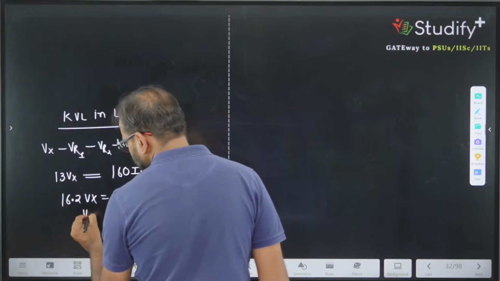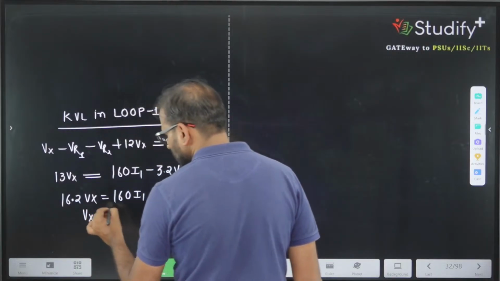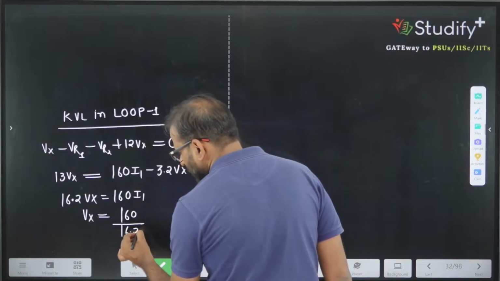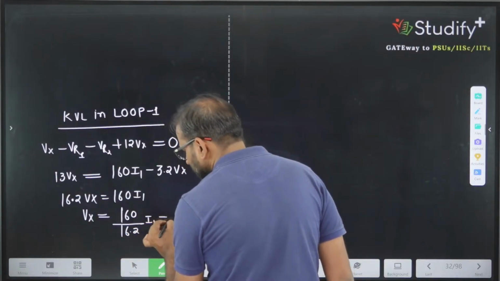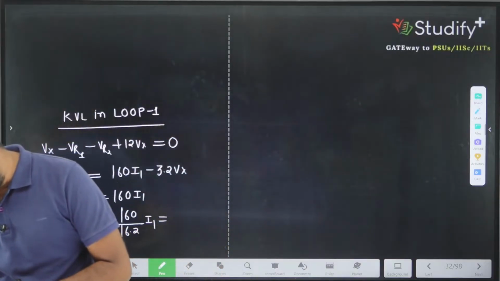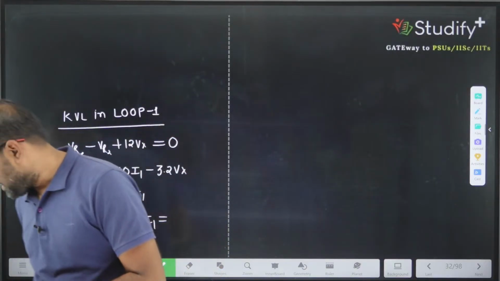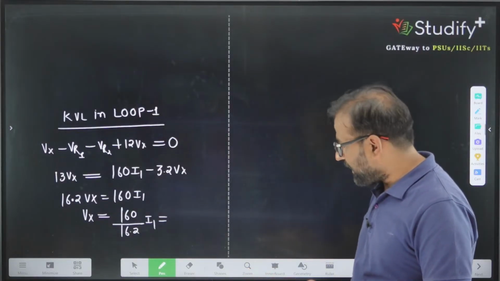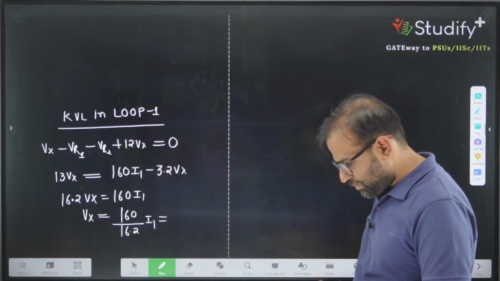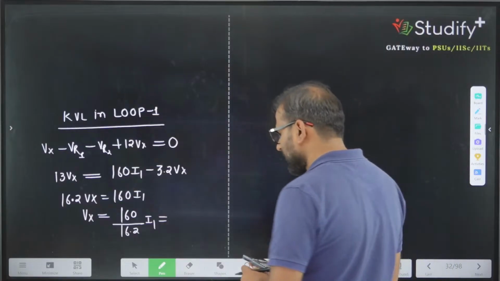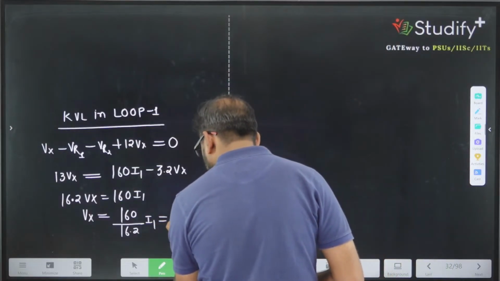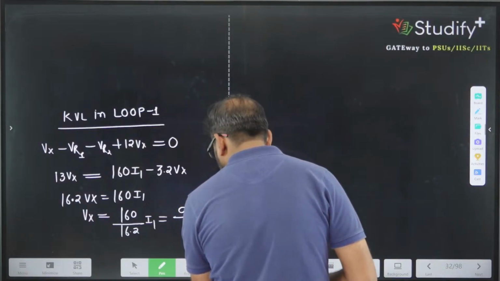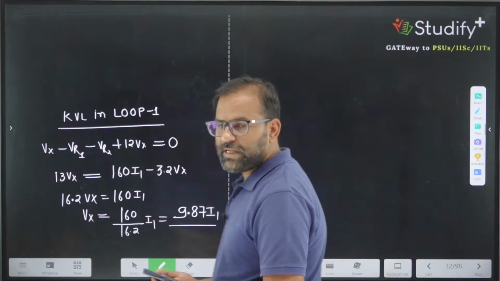So the value of Vx is 160 divided by 16.2 I1, and this value comes out to be 9.87 I1.